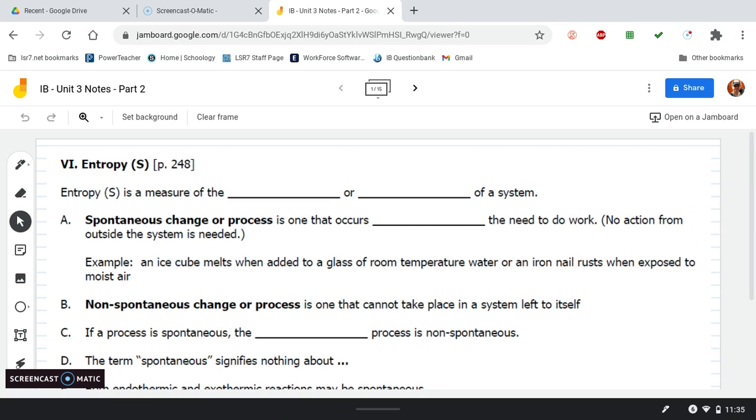So the first new variable we're going to introduce is entropy. When you think of entropy, entropy is disorder. Entropy is randomness.